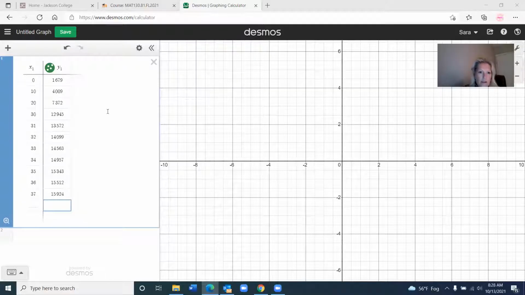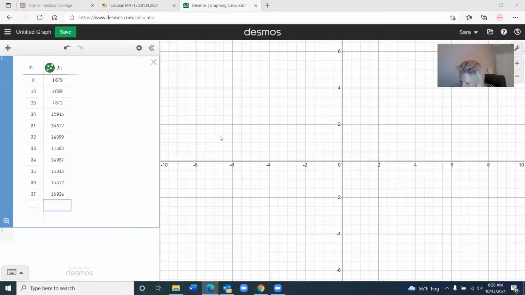And you can see here that I have all of the data in 0, 10, 20, 30, and then 31 through 37. And all of the average costs, average tuition costs of the data that they collected.